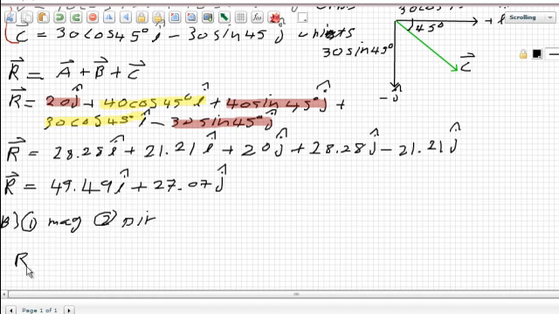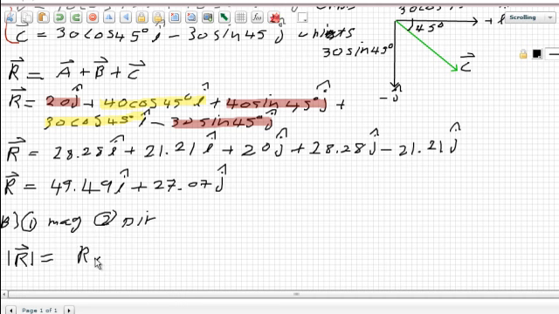The magnitude is relatively simple. All we have to do is take the magnitude of r, which is our resultant vector over here. And notice that I have to again include the absolute signs to denote that I'm dealing with the magnitude of a vector.